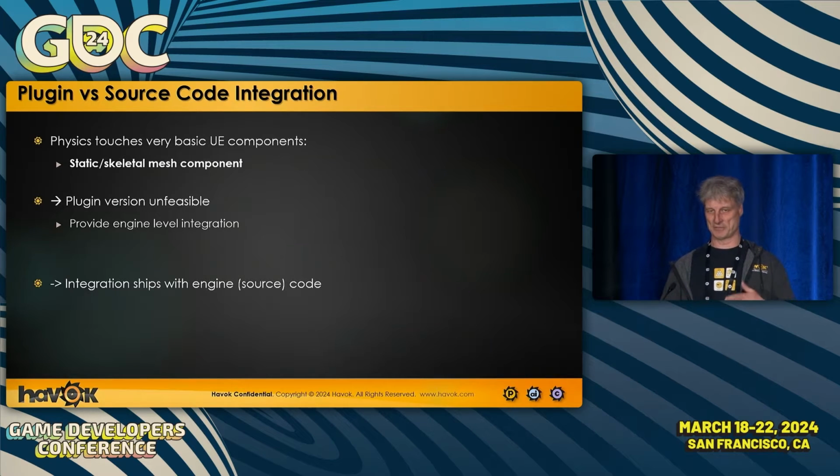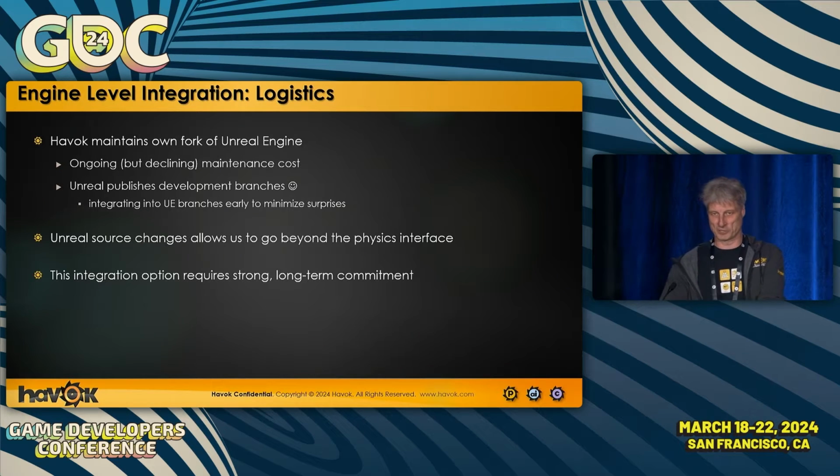That means we actually have to integrate the source code, which is at some stage a little bit of an extra hassle. So for the physics integration, Havok is maintaining our own fork of the Unreal engine. It has a certain maintenance cost. When Epic makes certain changes, we have to react to them as quickly as possible.